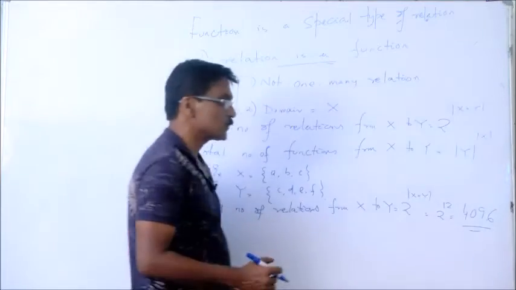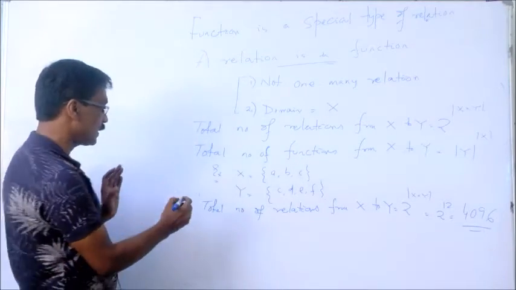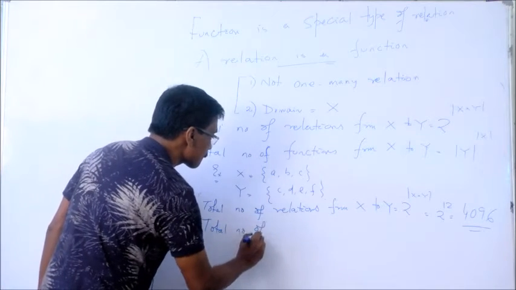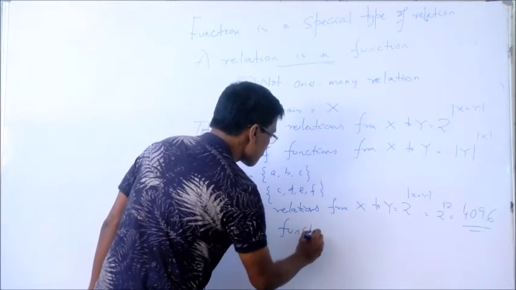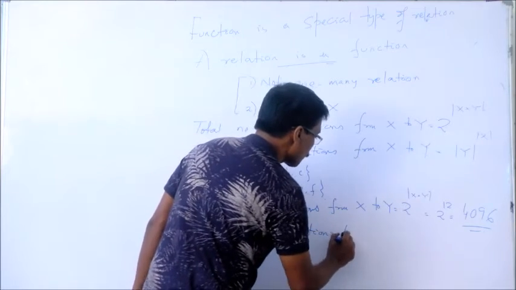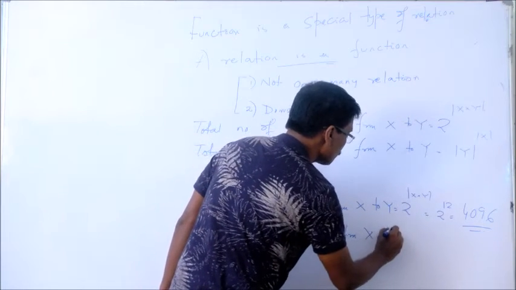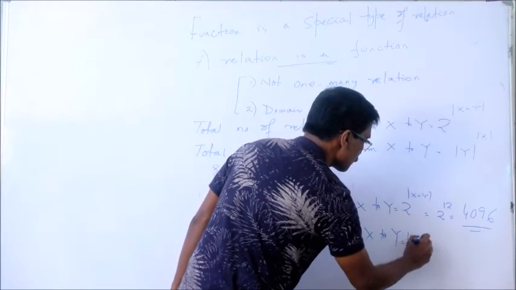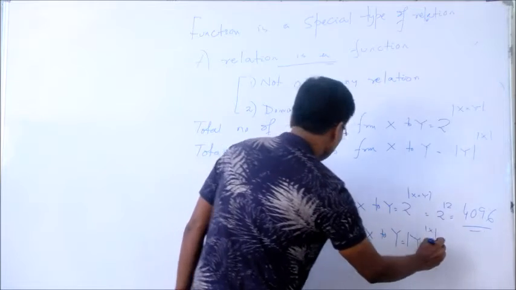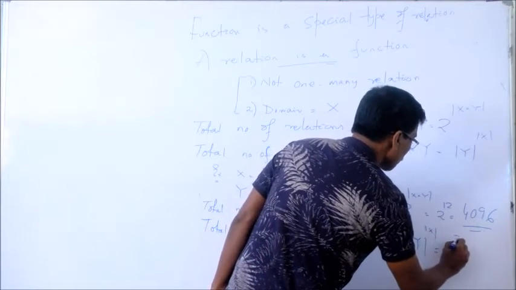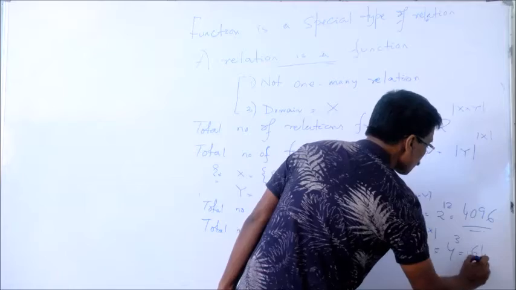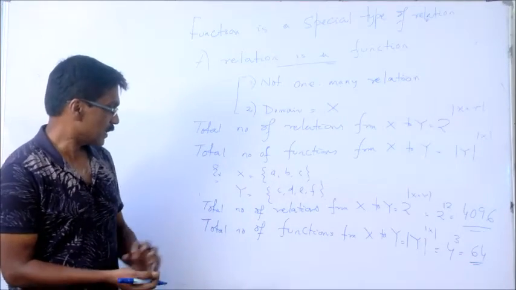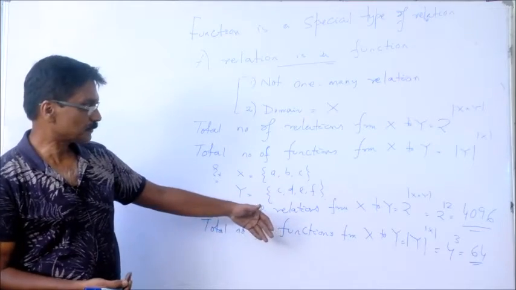So, there is a huge number of relations, and the total number of functions from x to y is equal to y to the power x, that is 4 to the power 3, that is 64. So, only 64 out of these 4096 relations are functions.